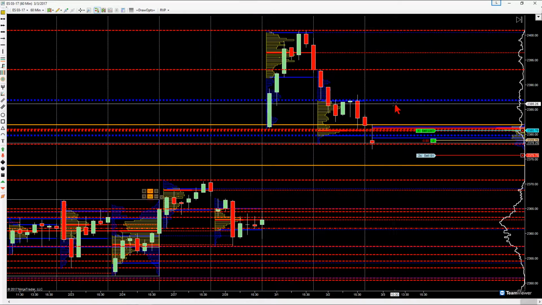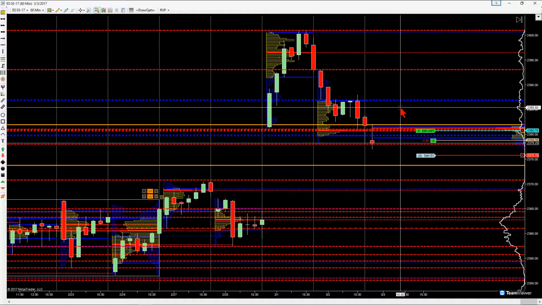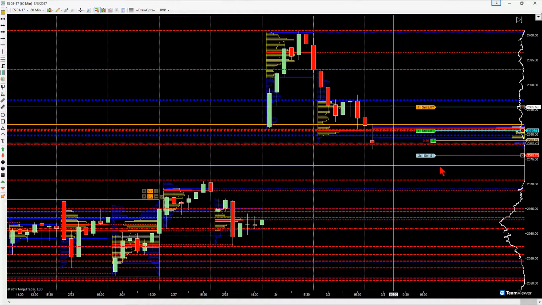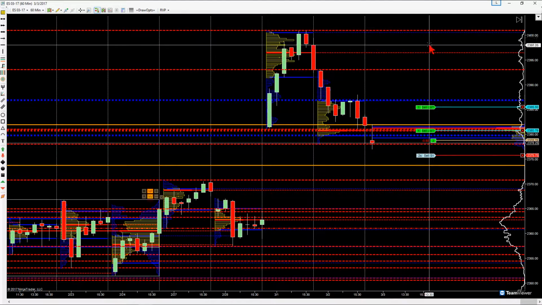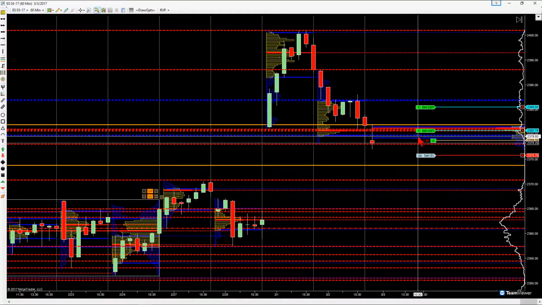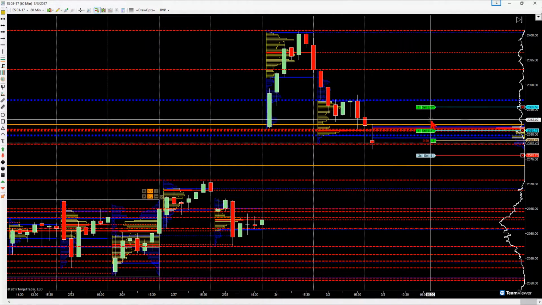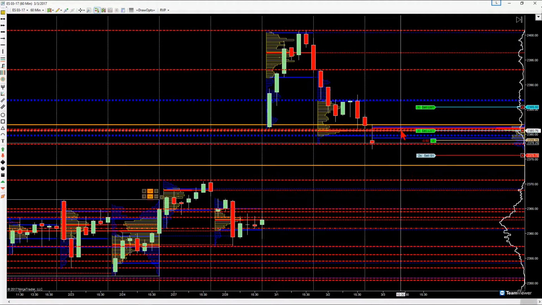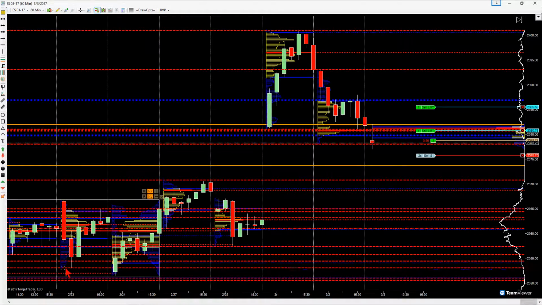I'm going to put my next profit target up here at the high volume node of the upper end of yesterday's distribution. If I was in front of the screen, I would probably put this quite a bit higher and deal with it if we came to it, because if we are able to push back up into yesterday's value and stay there, the way the S&P has traded, you can see how many days we go from one end to the other.